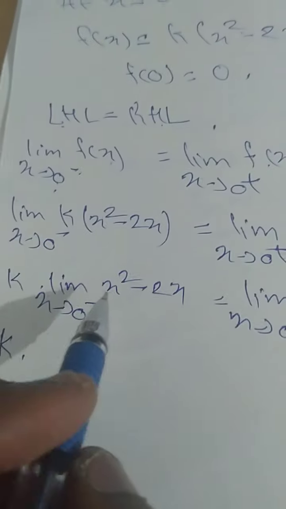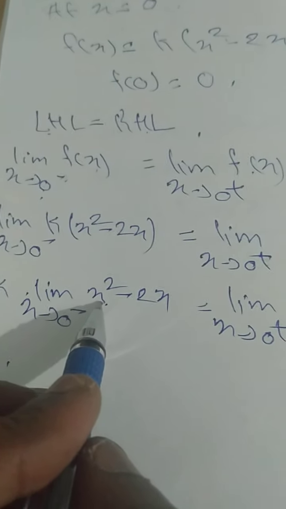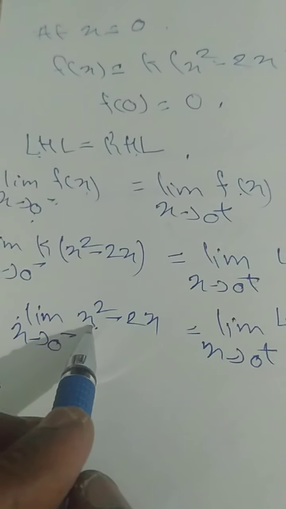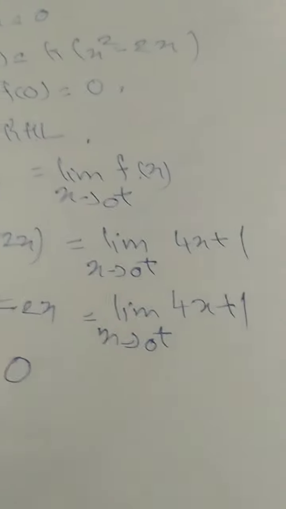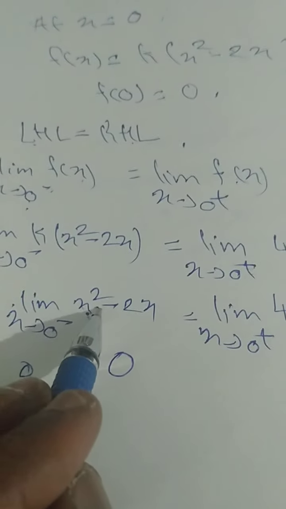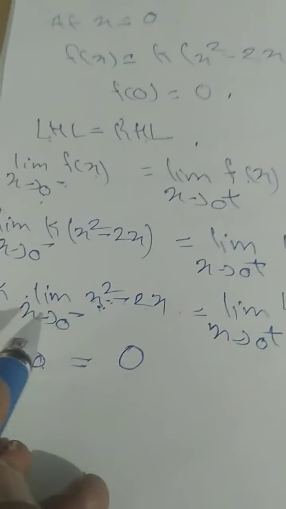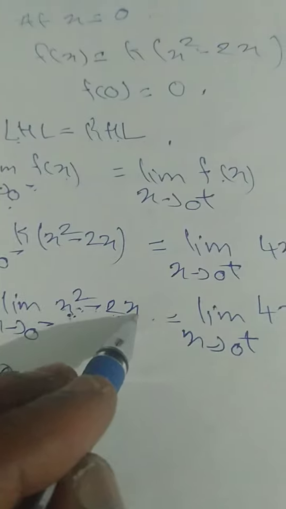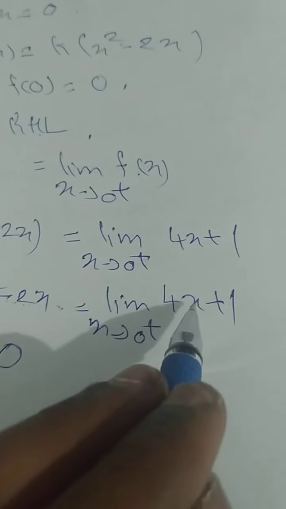Now here the substitution is 0 minus h. So it is k into (0 minus h) whole square minus 2 into (0 minus h), which is 0, so k into 0 equals 4 into (0 plus h) plus 1, so it is 1.